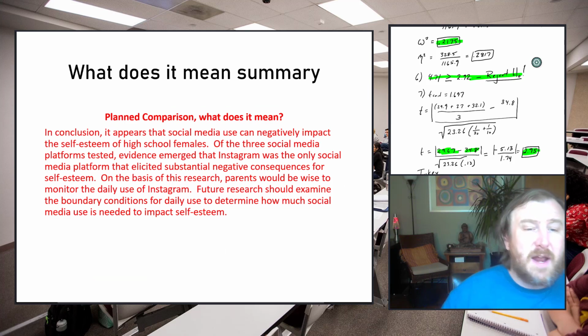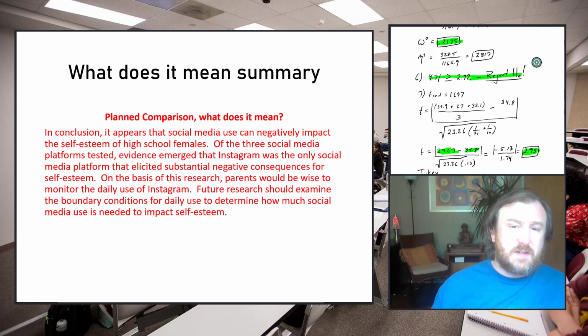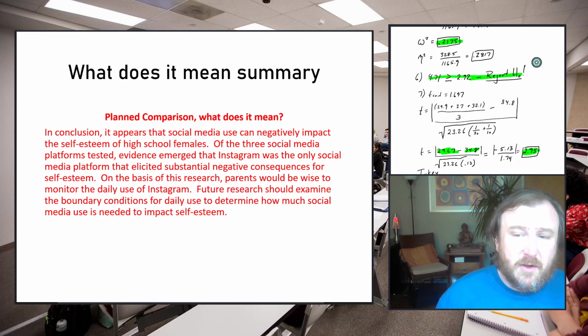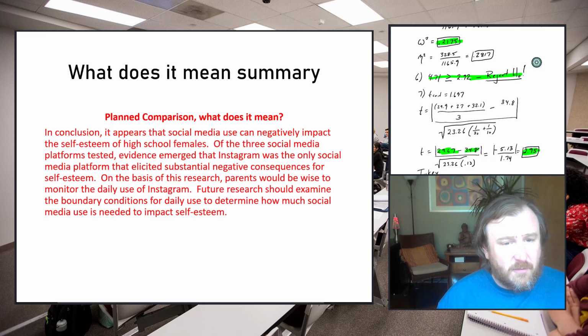And then we write up the overall summary of what it means. We say, in conclusion, it appears that social media use can negatively impact the self-esteem of high school females. Of the 3 social media platforms tested, evidence emerged that Instagram was the only social media platform that elicited substantial negative consequences for self-esteem. On the basis of this research, parents would be wise to monitor the daily use of Instagram.